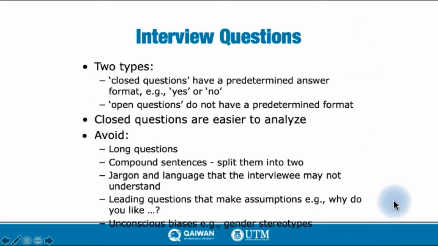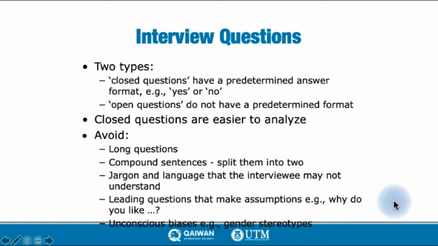In interview questions, there are two types, which are closed questions and open questions. With closed questions, when you ask for their opinions, they can answer by yes or no. With open questions, maybe they just give two or three words or a sentence that can tell their opinions.